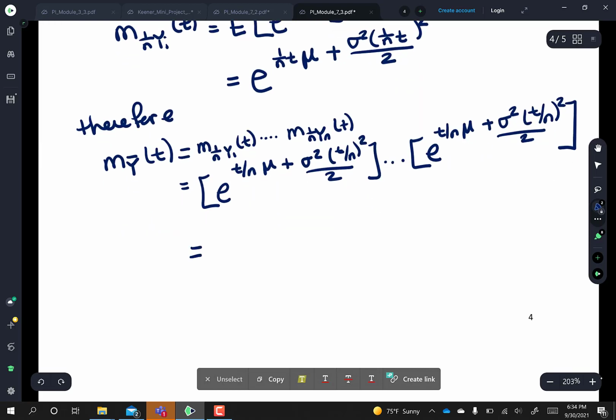And then from here we can show that this is equal to e to the mu t, and we can see this because we've got 1 over n mu here, but we're multiplying that n times, so that's how you end up with e to the mu t plus sigma squared t squared over 2n.